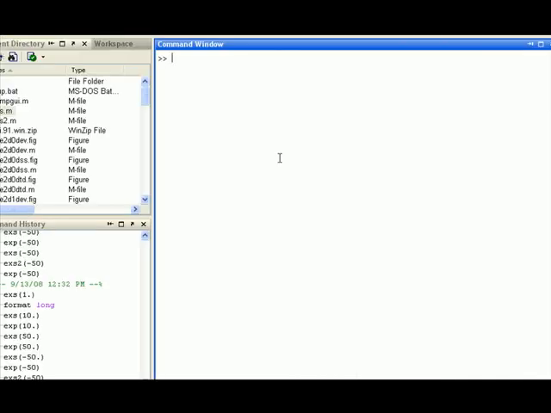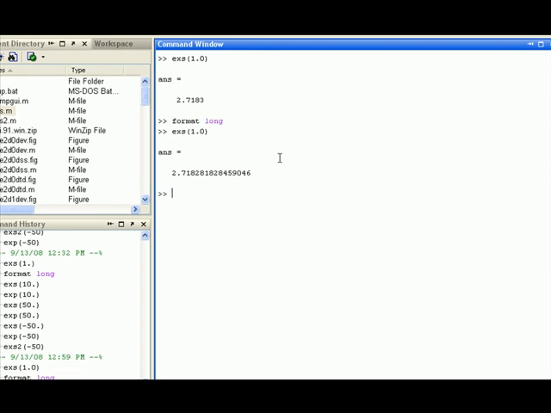So let's test our function exs at 1. That gives e, 2.7183. Let's print things out in long format. And we compare that with the MATLAB system function exp.